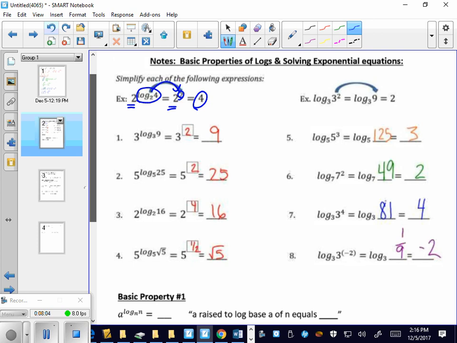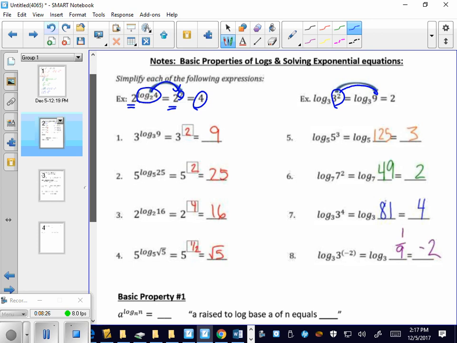The second example over here on the right starts with a log, and that log actually has an exponent on it. It's the log of 3 base 3, but the 3 is raised to the second power. So this argument is 3 squared, which, of course, is 9.